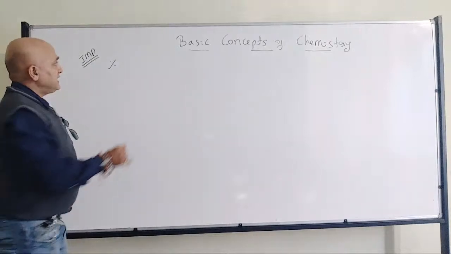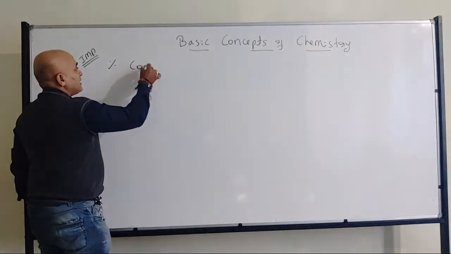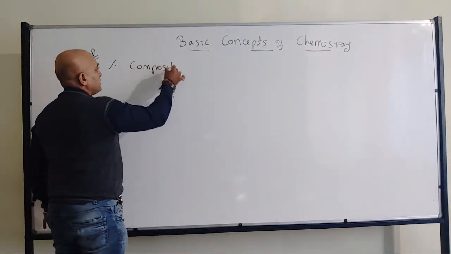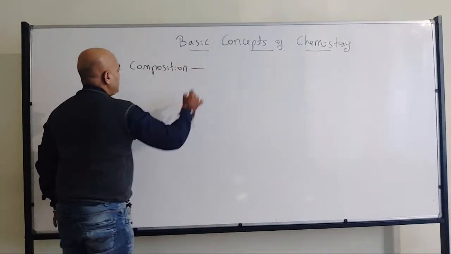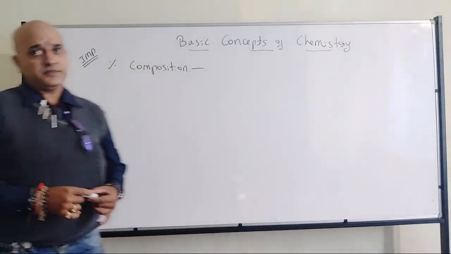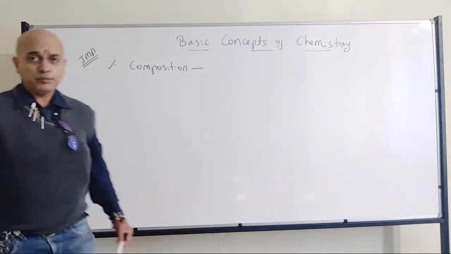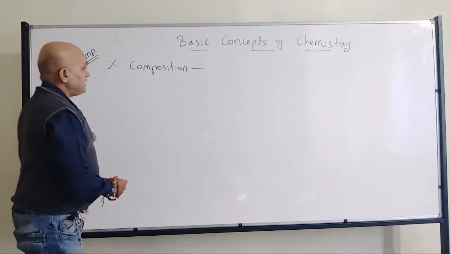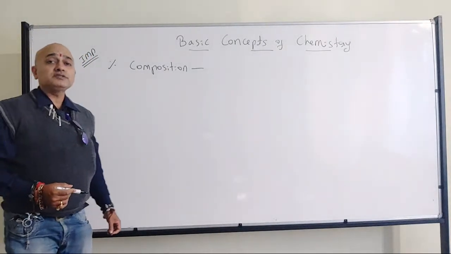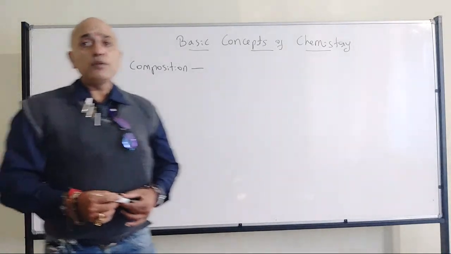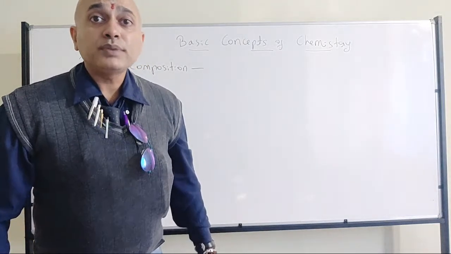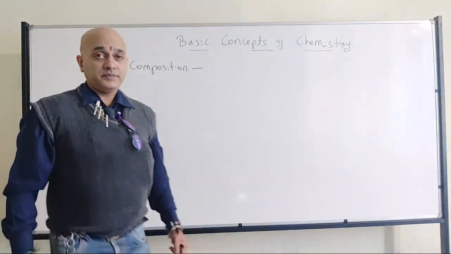That is percent composition. Fine. Now what is meant by percent composition? This is applicable when I want to see the amount of a given element present in a given compound.